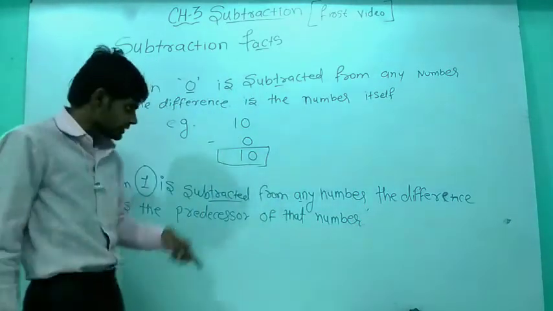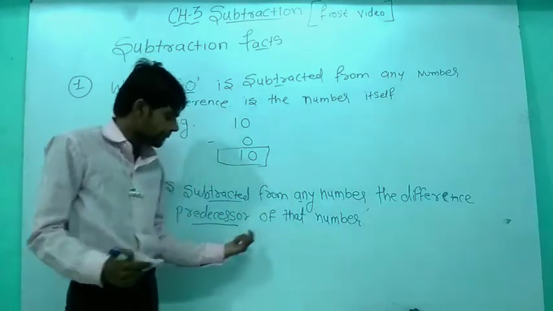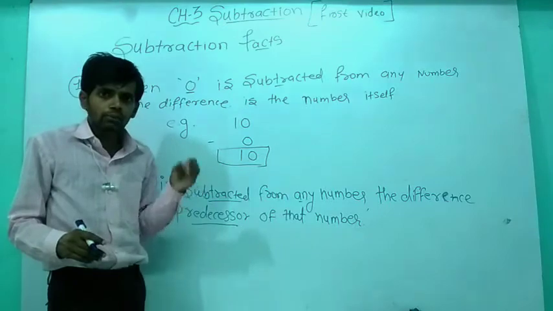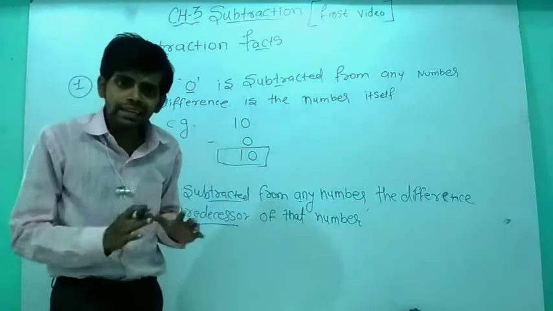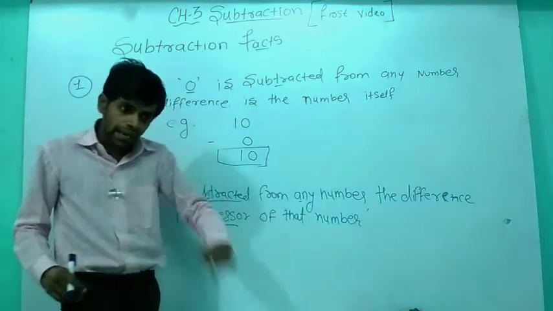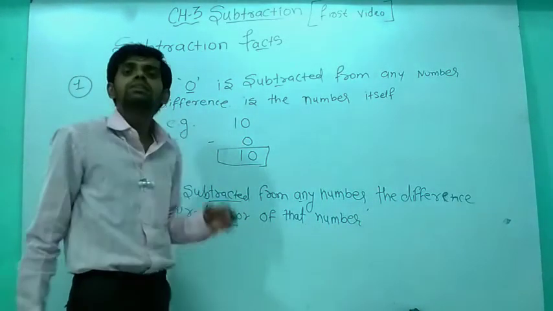Okay, and that difference is the predecessor. So what will you call that number? Predecessor of that number. It is very easy. When we are removing 1 from any number, you will obtain the difference. That difference is called the predecessor of that number.